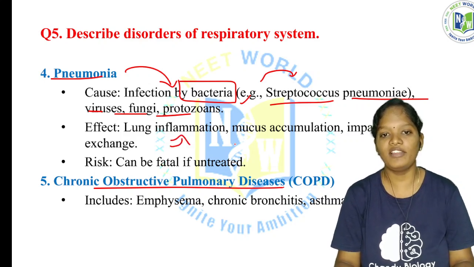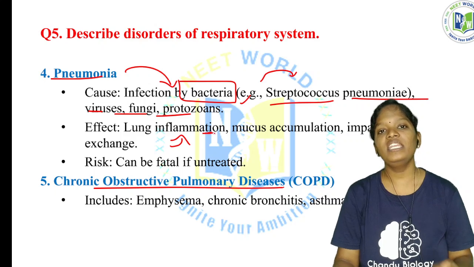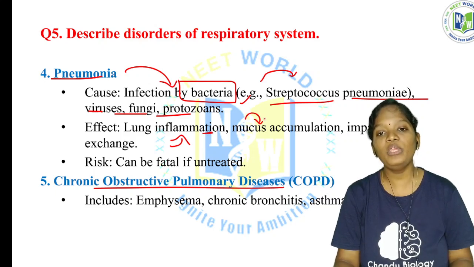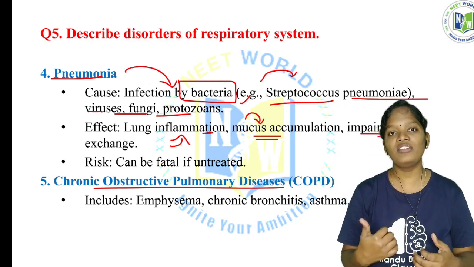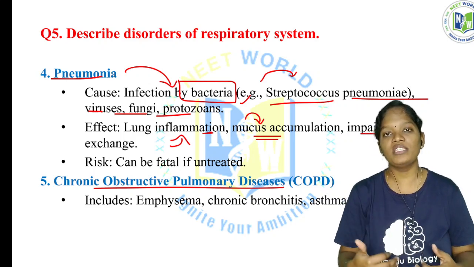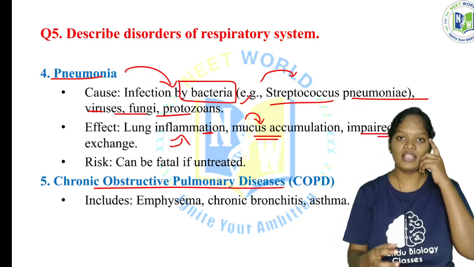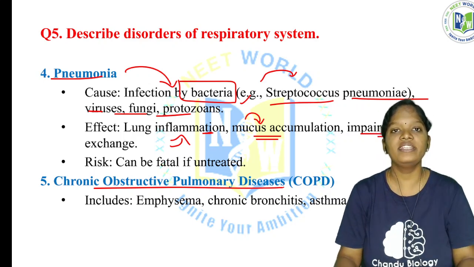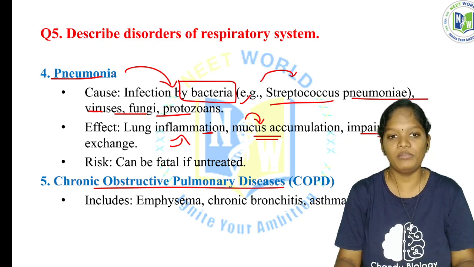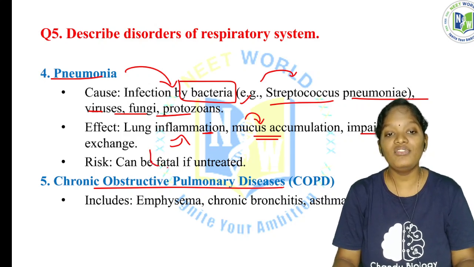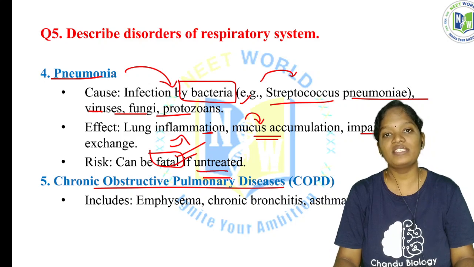The lung gets inflamed, leading to mucus accumulation and impaired gas exchange. As mucus accumulates in all parts of the lungs, enough exchange of gases in the alveolar sacs does not take place. This results in difficulty in breathing. It may be very fatal and leads to death if untreated.